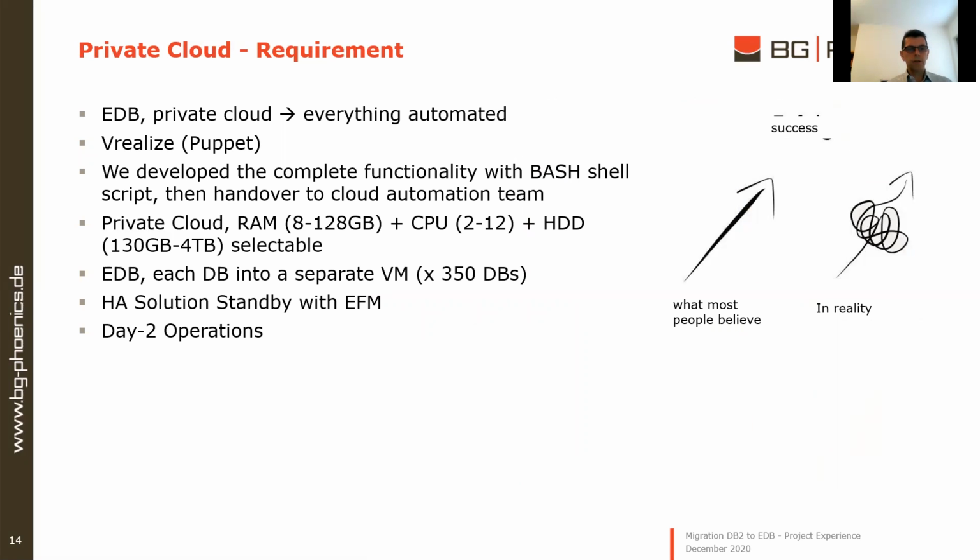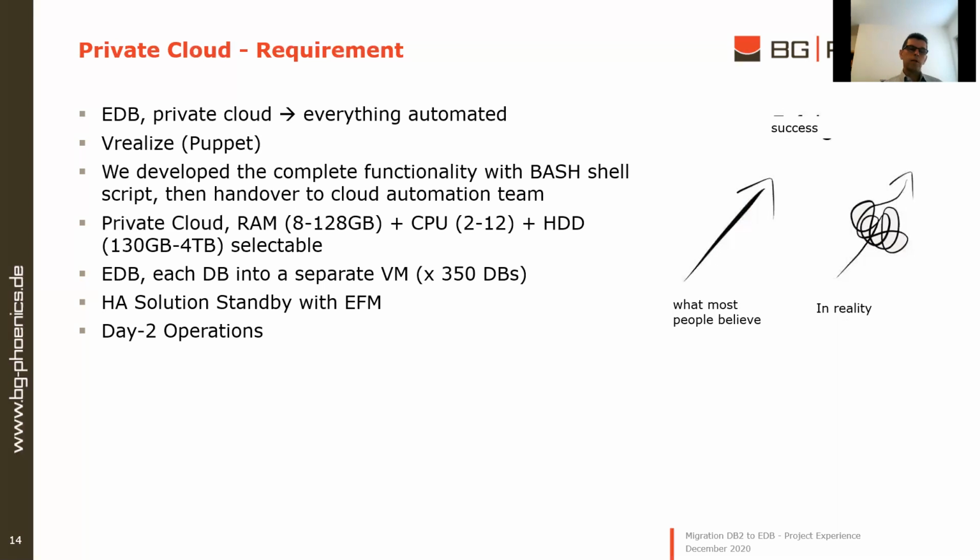The private cloud environment: have a look at the picture on the right side. Most people believe it's a straight way from the start to the success, but in reality it's more like the picture on the right side. You have many curves in the project that you have to manage, but in the end it will come to a good success.